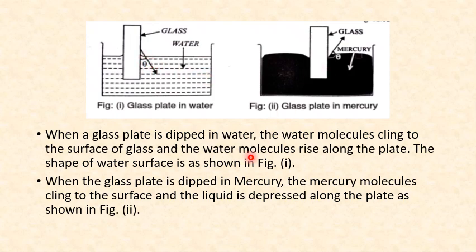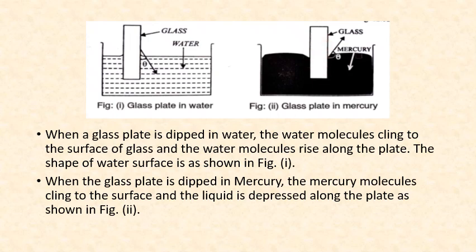We have to learn. For water, we observe that some of the water has risen above its normal level and clings to the glass plate. For mercury, some of the mercury has dropped compared to its normal level and is depressed where it makes contact with the glass plate.